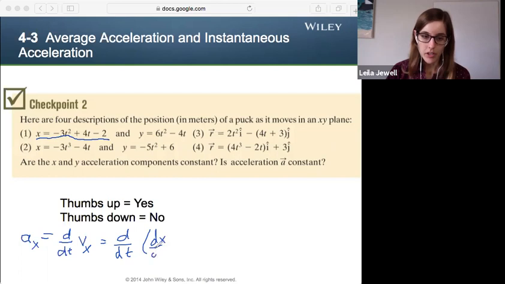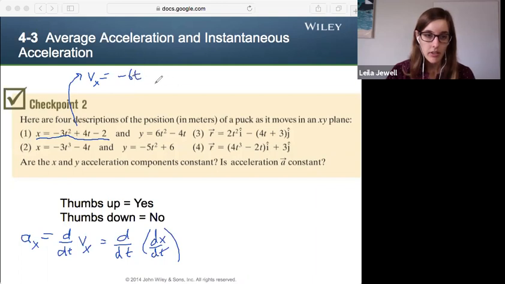In other words, all that we have to do here to get the acceleration is take the second derivative with respect to time of the position for each of the directions and see how it compares. So if we look at this first one here, with the first derivative, dx/dt, we would get -6t plus 4.